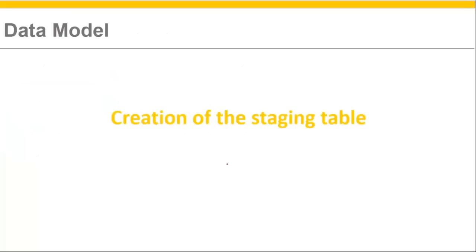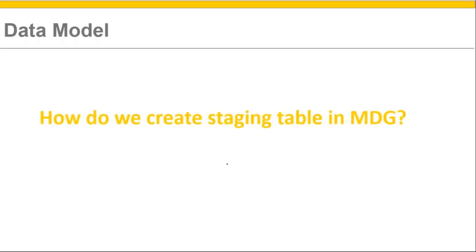Karthik, are these staging tables fixed? I mean, are there predefined transparent tables for a particular function? No, these are not predefined. These are transparent tables. Then how do we create the staging table in MDG?